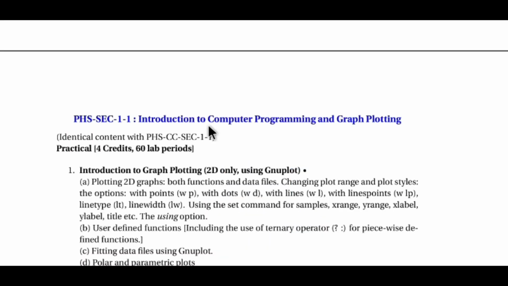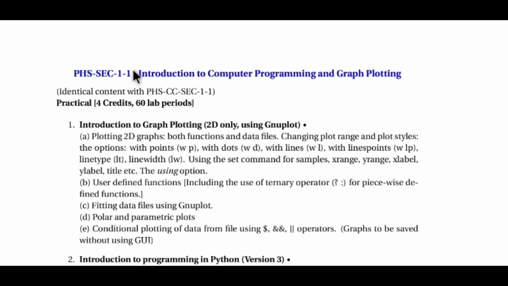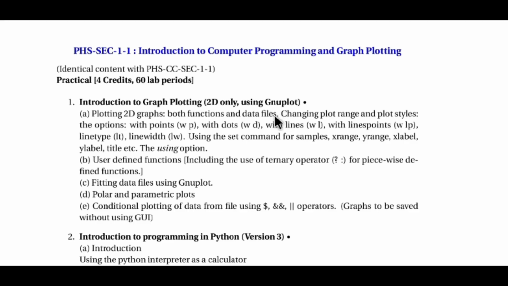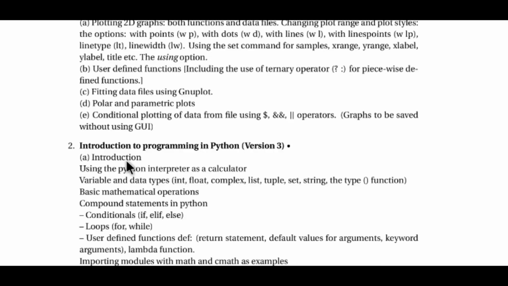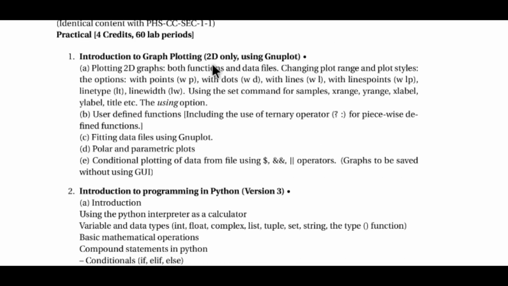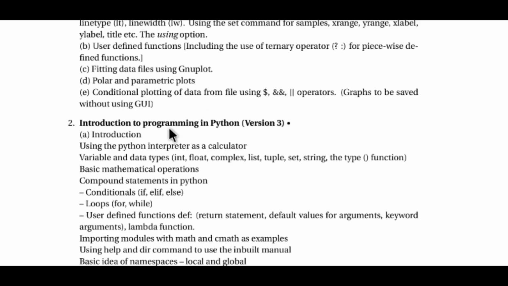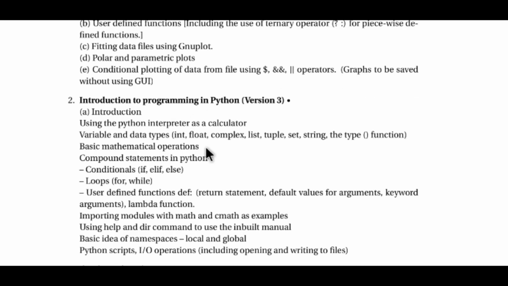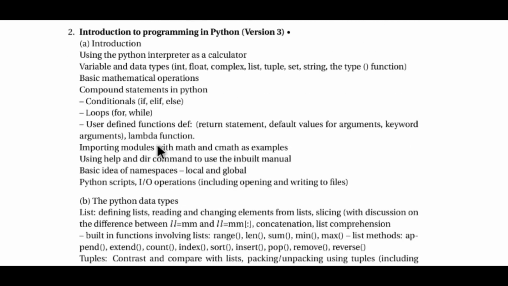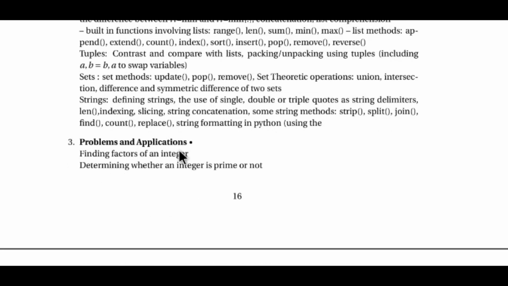So this is for the first semester core course, and there is another course, the introduction to computer programming and plotting of graphs. According to this PDF, the syllabus includes introduction to graph plotting with GNUplot, introduction to programming in Python, problems and applications.